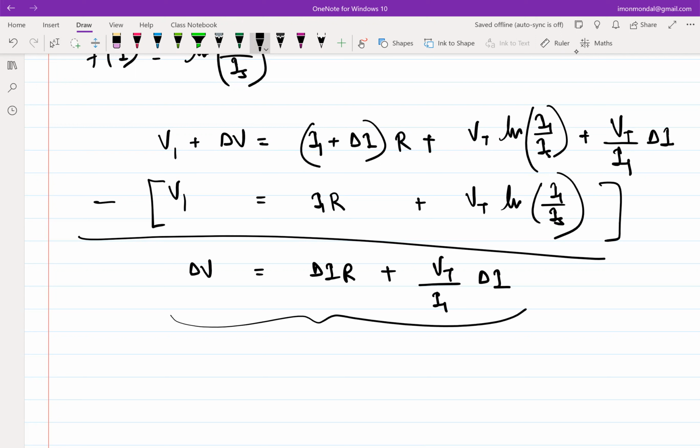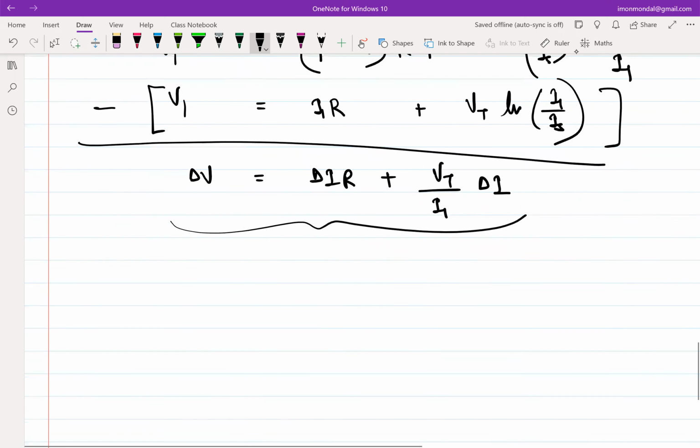It's a linear equation, right? So we started off with a nonlinear equation, a transcendental nonlinear equation, and we ended up with a linear equation. What was the step in between? We made an approximation of a nonlinear system and converted it into a linear system, right?